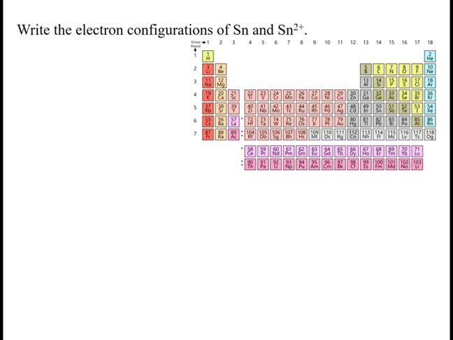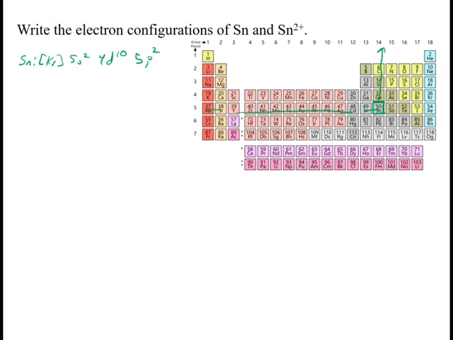So this question asks for the electron configurations of Sn and Sn2+. So Sn is right here. It is a metal, so it's going to be a cation, and it's in group 14. So if I look at the electron configuration for Sn, it's got krypton, and then 5s2, 4d10, and then the 5p2.